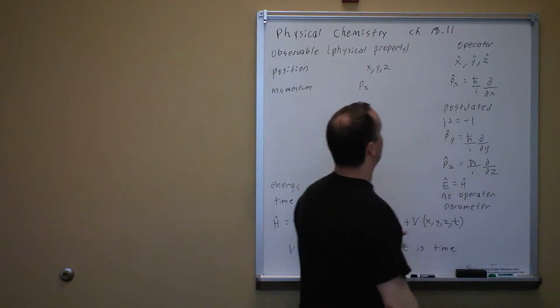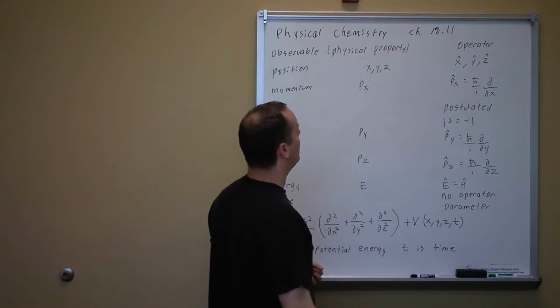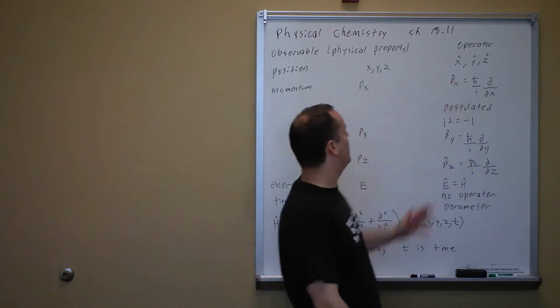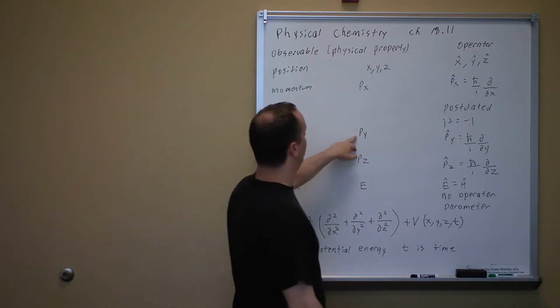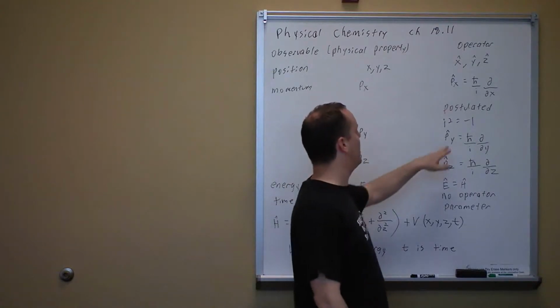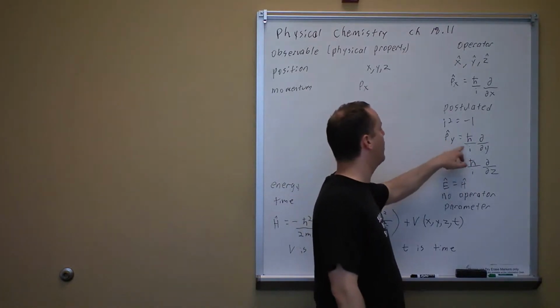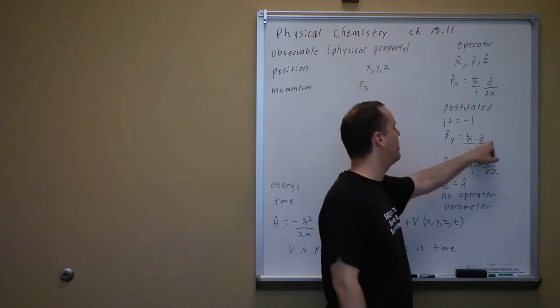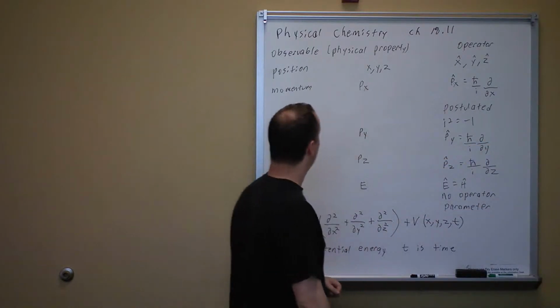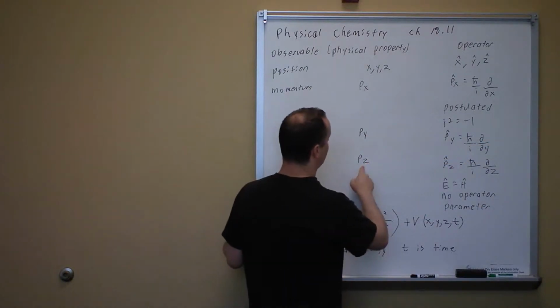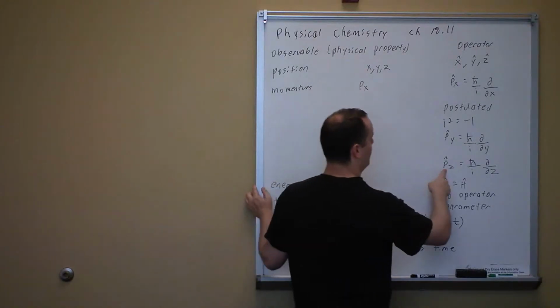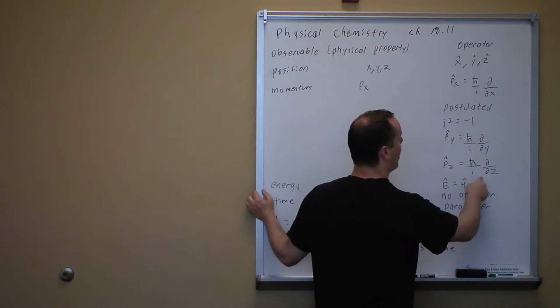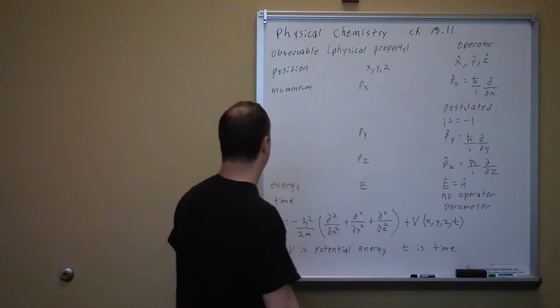I don't know any way you can derive it or if it can be derived at all, but this is what it is. And then you have the equivalent for the y component of momentum. You have p hat y, that's equal to h bar over i times the derivative with respect to y. And then for the z component of momentum, you have p hat z equal to h bar over i times the derivative with respect to z.